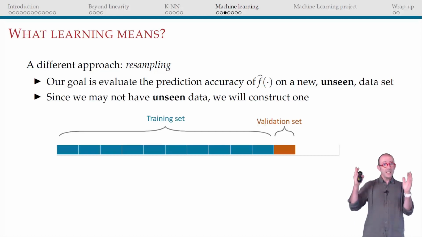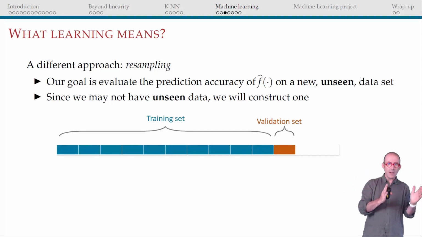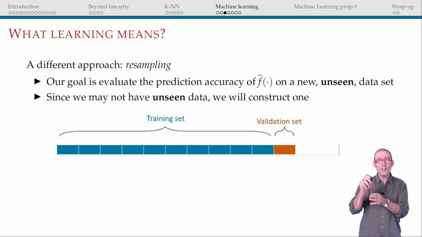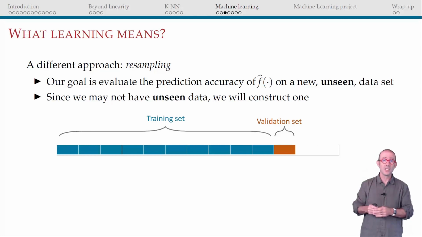That is, instead of taking the whole dataset, we will take only one part. We call it the training dataset, where we will estimate F. And then we will use a validation set. On this validation set, we will predict using the estimate we have done on the training set, and we will compare to the value, because we have the true value on this validation set. We will be able to validate our prediction there.